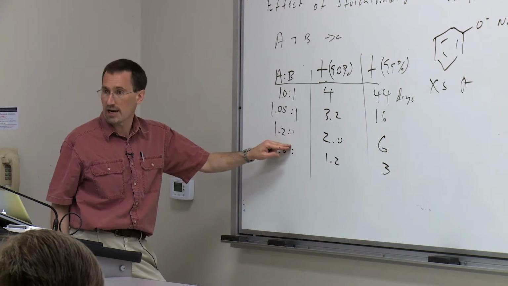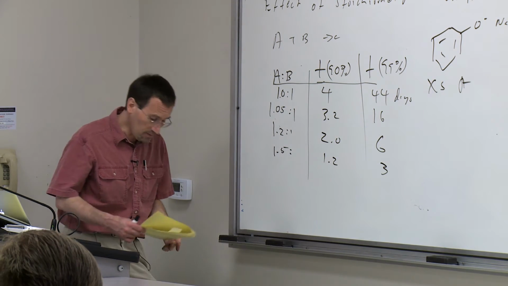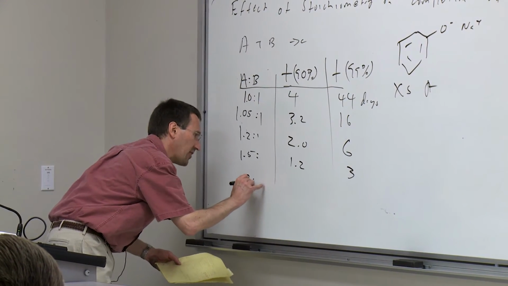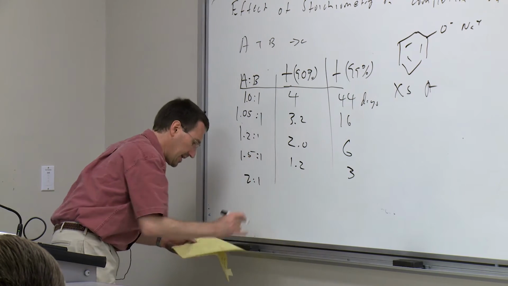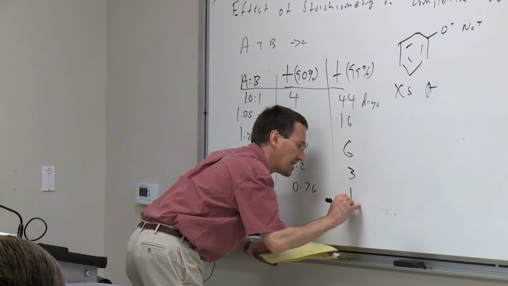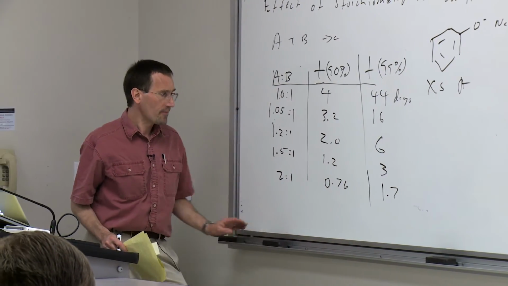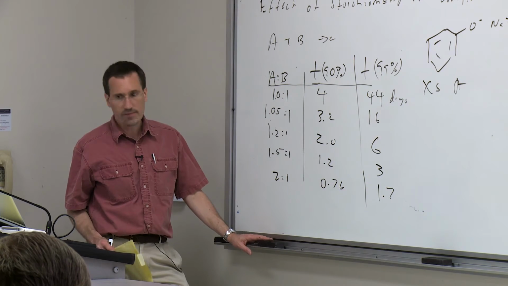And even the more modest 1.2 equivalents gets me pretty close. Just for the heck of it, I'll put in 2 to 1 as an example, and then it's 0.76 to get to 90%, and 1.7 to get to 99%.